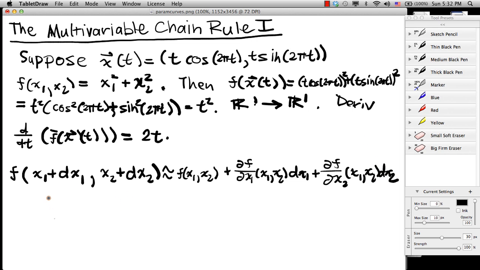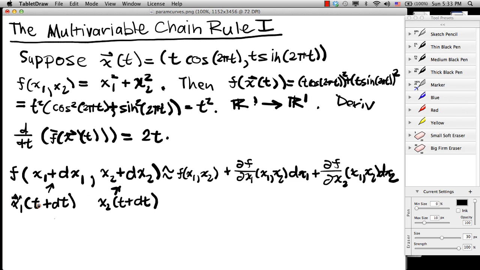Well, that's really nice, but now we've got this as a function of t. We would normally have x1 plus dx1 here, but our x is a function of t, so we write, instead, x1 of t plus dt, the differential with respect to t. This is going to take the place of x1 plus a little change. Similarly, x2 of t plus dt here is going to take that change.